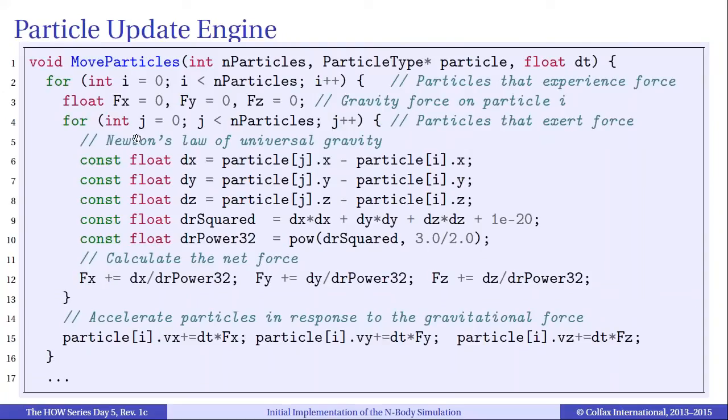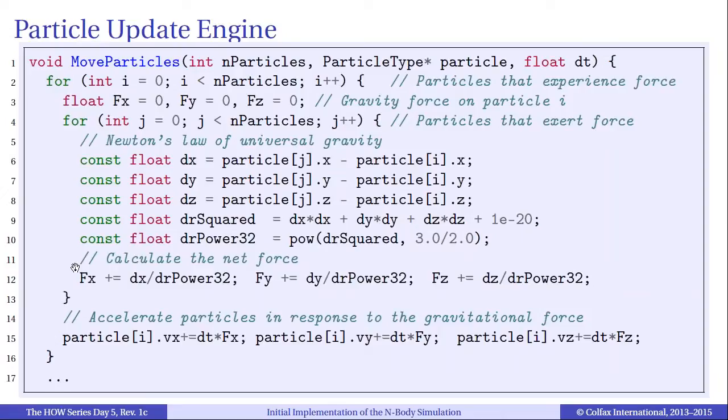And inside of this loop, I will compute the distance, the difference between positions of these particles, and I will compute what I need for Newton's law of universal gravity. I will compute r squared. I will use the softening factor to prevent division by 0, and I will then raise it to power 3/2 and use it in the denominator of that expression.